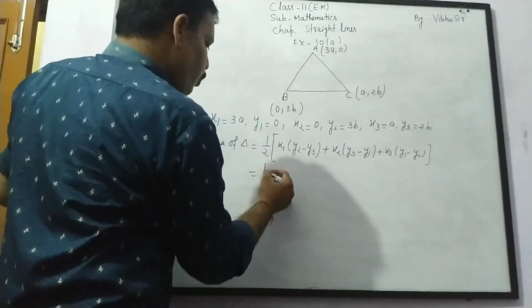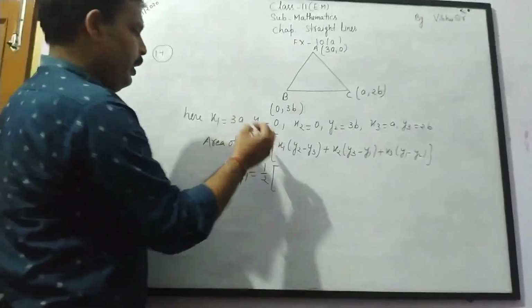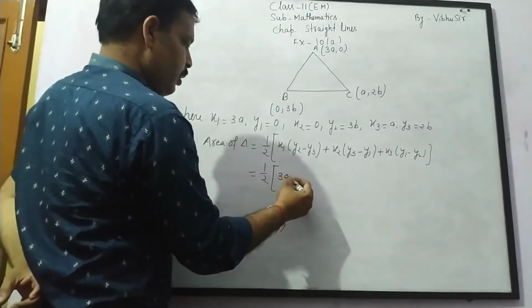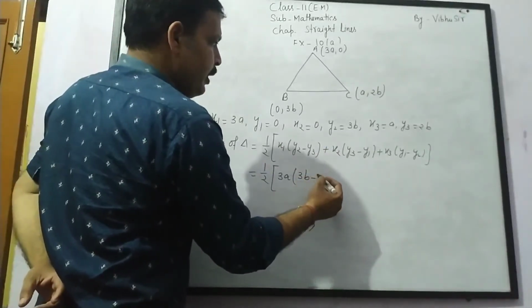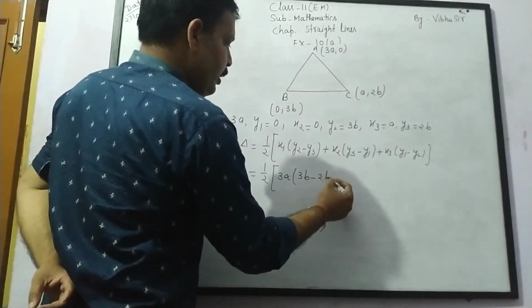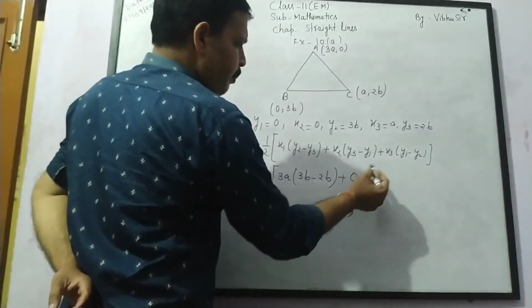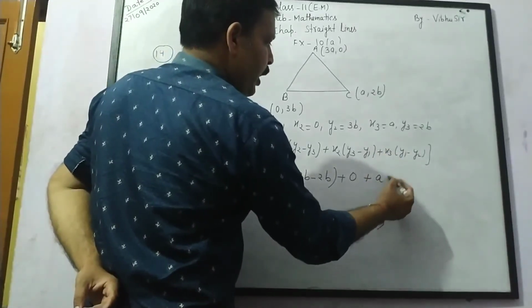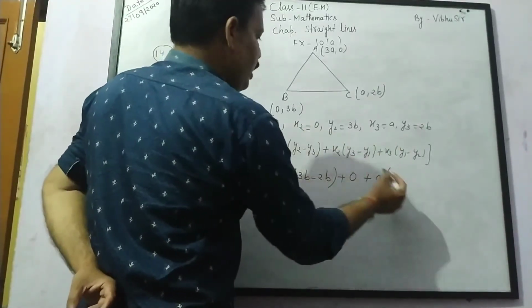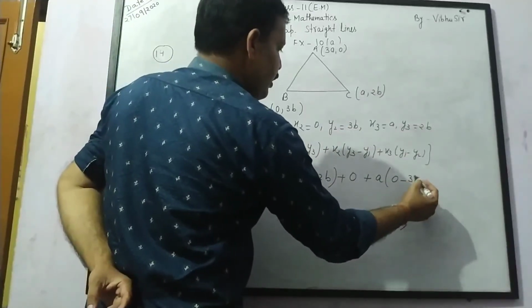So therefore 1 by 2 times, x1 equals 3a, y2 minus y3 equals 3b minus 2b, plus x2 equals 0, so the whole part is 0, plus x3 equals a, y1 minus y2 equals 0 minus 3b.